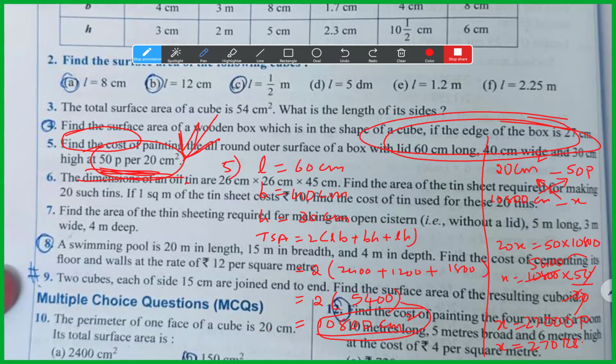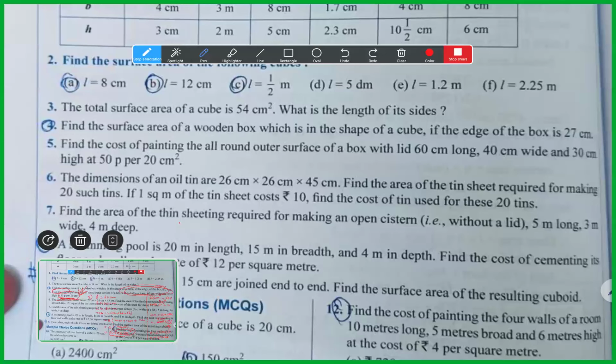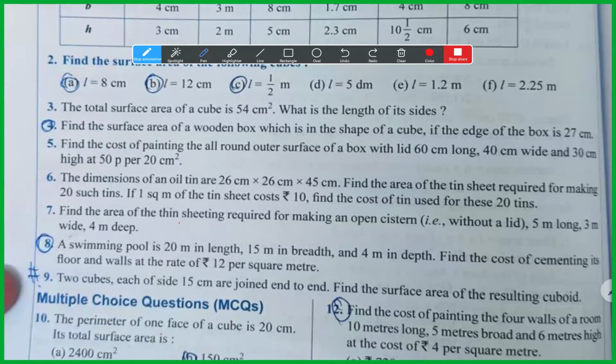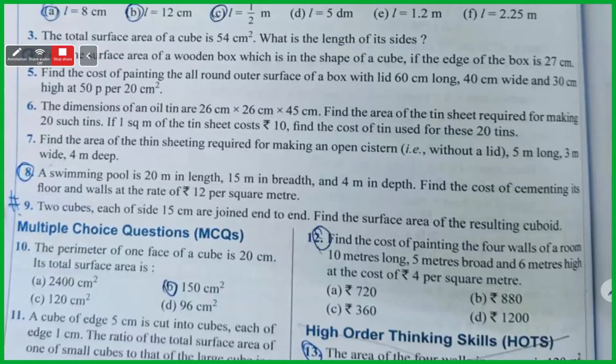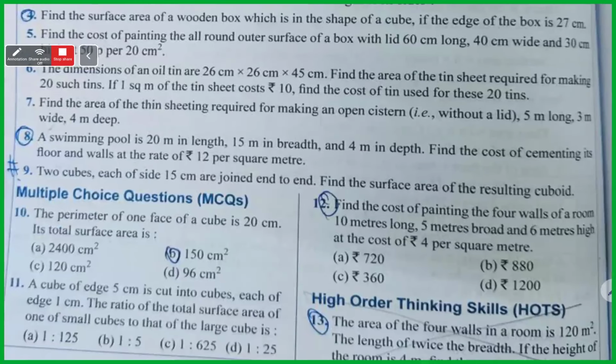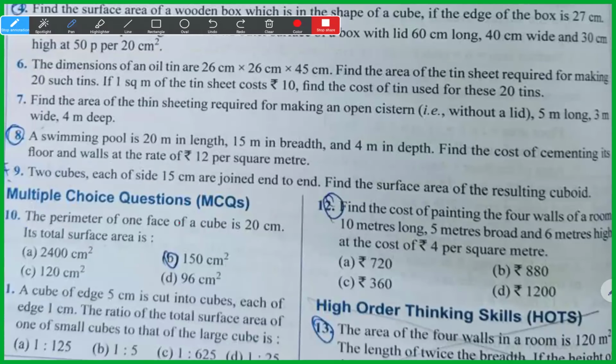Okay, Mahisha. Then we'll go to the next one, the sixth question. Pranav will read the sixth question.